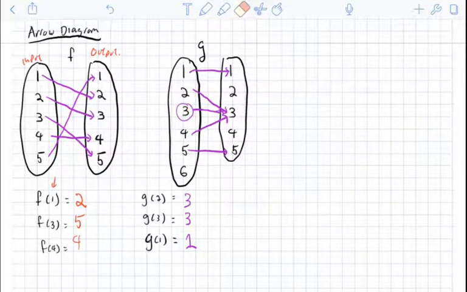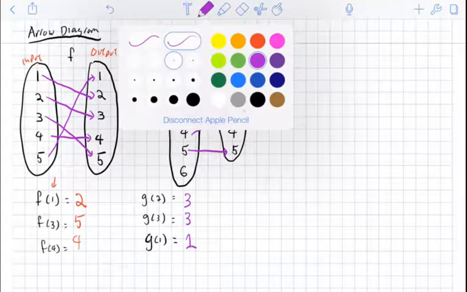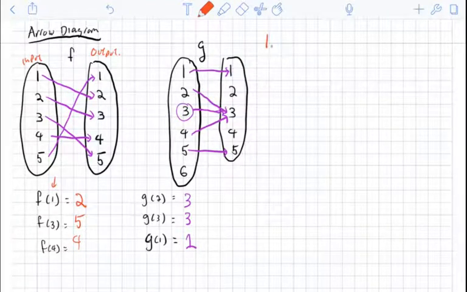So let's review what we've talked about regarding functions in this specific context, and then I'll teach you some new things. So first thing is that f and g are different functions. How can you tell they're different functions? It's because a function is a relationship between numbers.